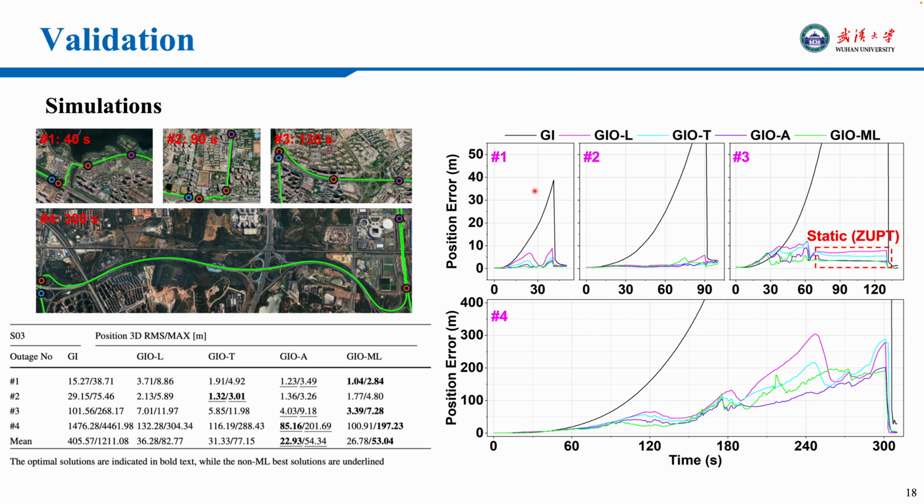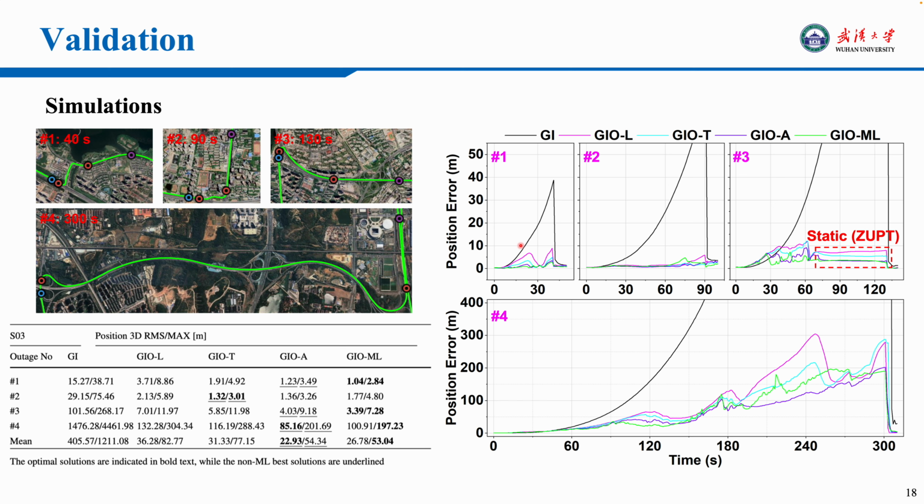To further test its performance, we selected several turning-rich road segments as shown on the top left. We ran simulated GNSS outages and compared our method with a machine learning approach proposed by Xu et al. As the earlier tests show, our method has the best performance among all non-machine learning approaches.